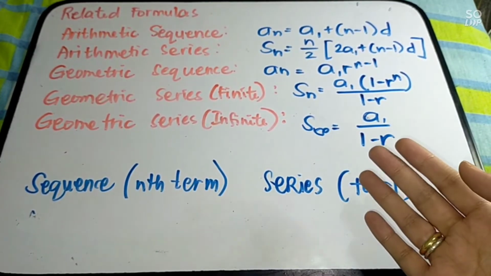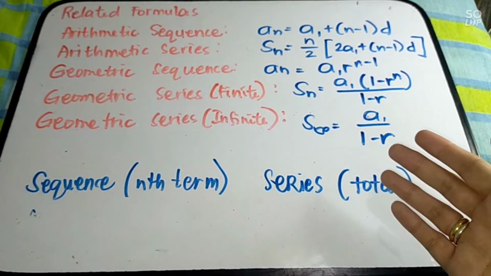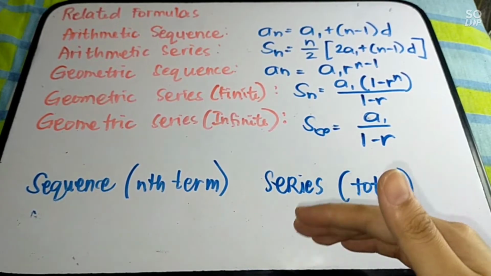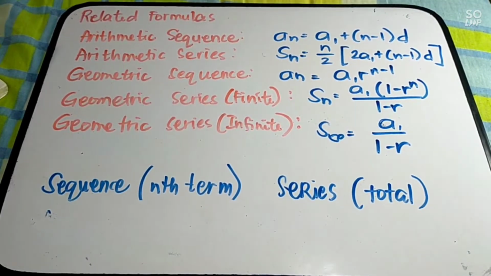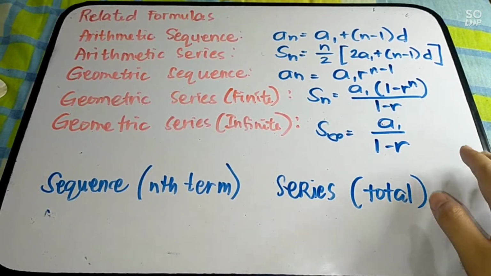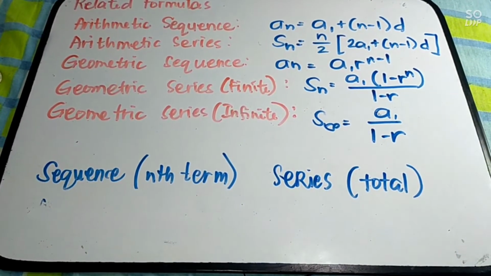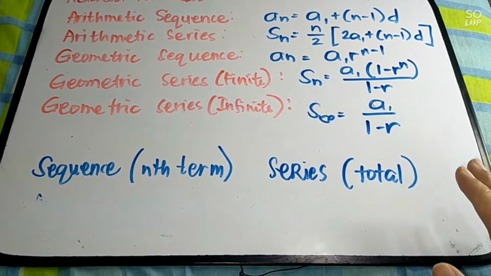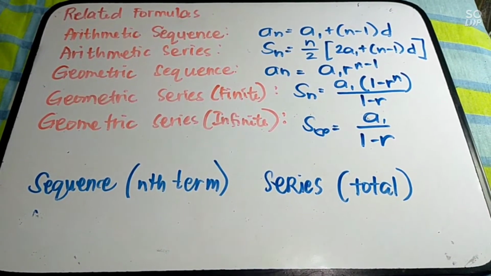O kaya, minsan naman more on fraction, 1/2, half, divide by 3, so ganoon ang mapapansin nyo kapag siya ay geometric. Is it clear? And then, kapag naman geometric series for the infinity, syempre, ang inyong mapapansin na word ay merong infinity. So, yun yung inyong gagamitin. Is it clear? So, now, let us have the problem solving.